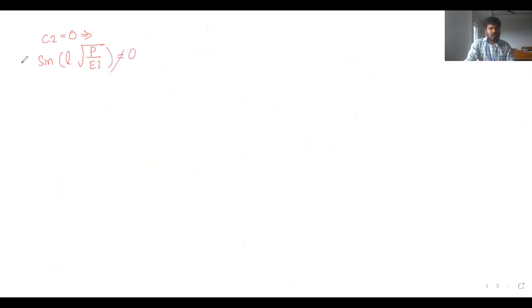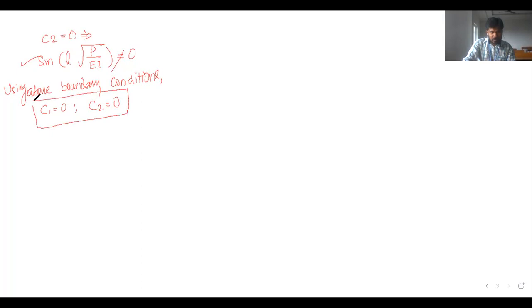So that's why we are going to use this. Now, using the above boundary conditions, we got C1 is equal to 0 and C2 is equal to 0. So we are going to substitute this.